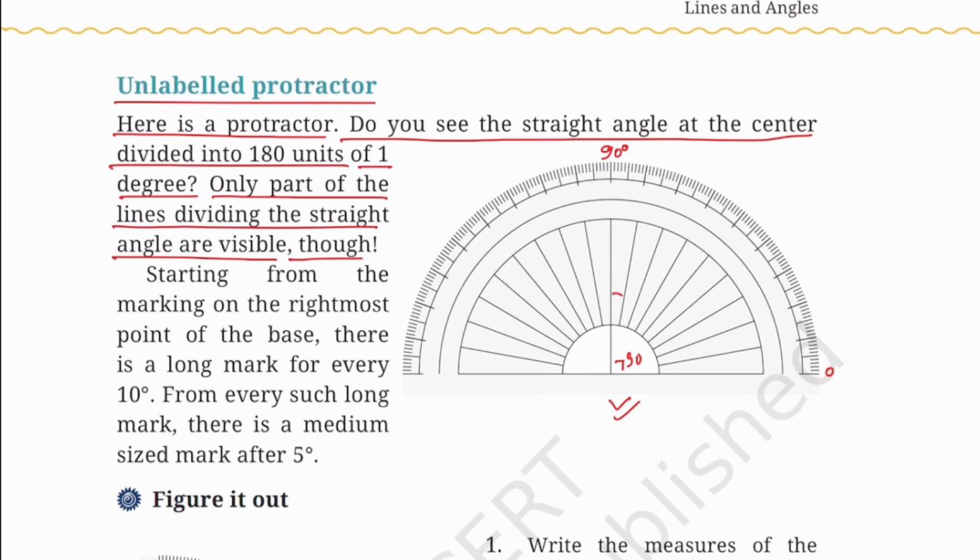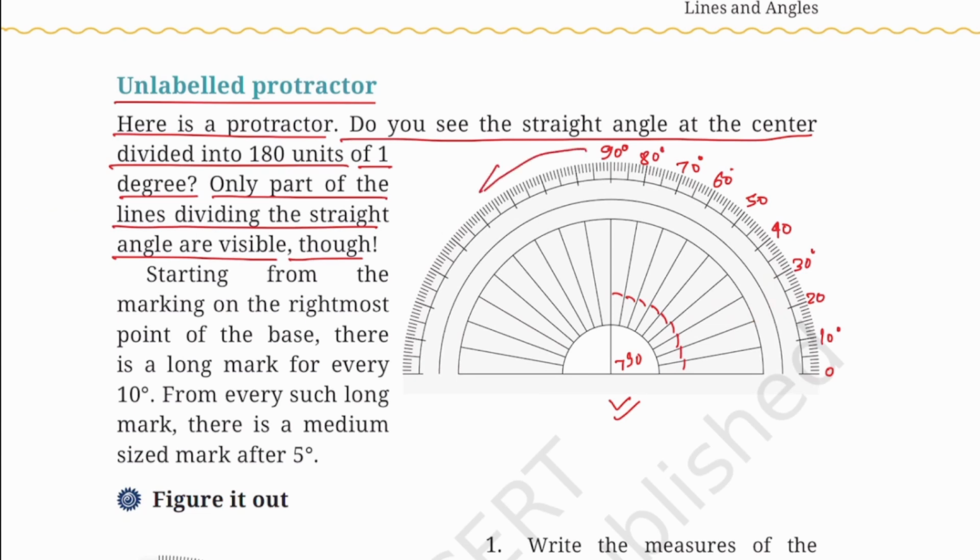That is 1, 2, 3, 4, 5, 6, 7, 8, 9. That means you have to write 10 degree here, 20 degree here, 30 here, 40 here, 50 here, 60 here, 70 here, and 80 here. Okay.